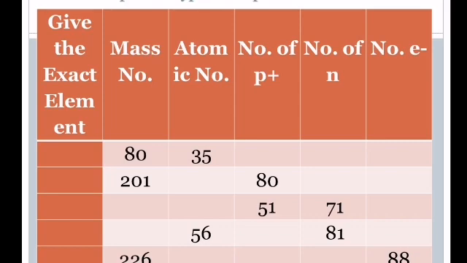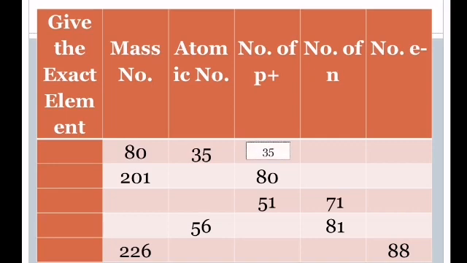And don't forget to have your periodic table as your guide in order to identify the exact element being referred to. Let's start with the number of protons. Don't forget that the number of protons is equal to the number of electrons and is equal to the atomic number.